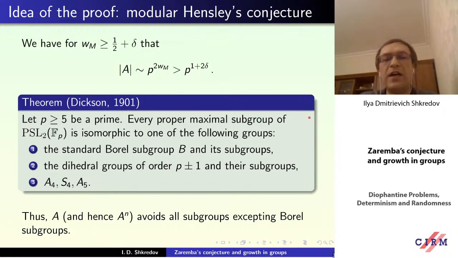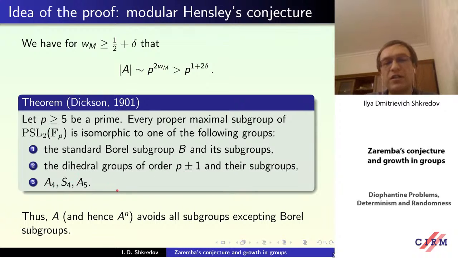So he classified all subgroups of SL2 of F_P. There are just Borel subgroups and their conjugates, and subgroups of Borel subgroups. A Borel subgroup has size P squared. After that, there is a gap. Another series of subgroups has size P plus or minus 1. And after that, there is another gap.